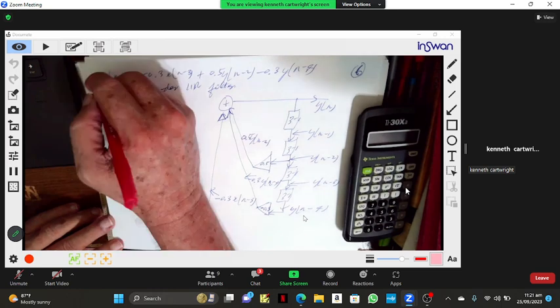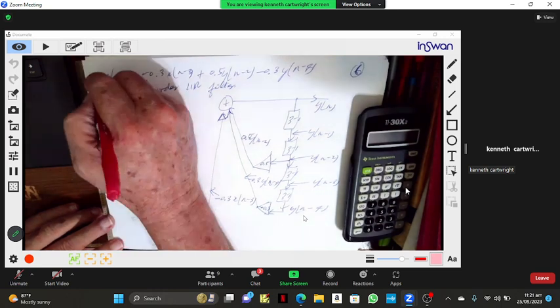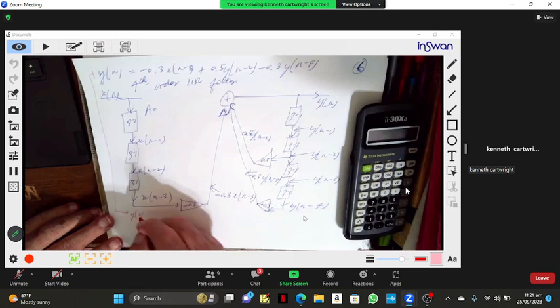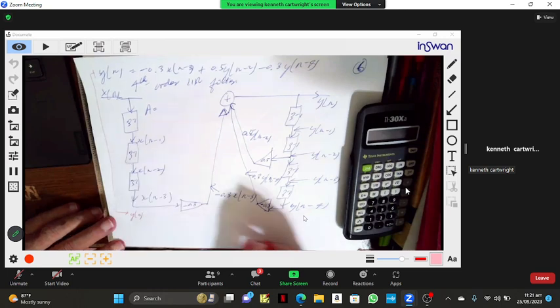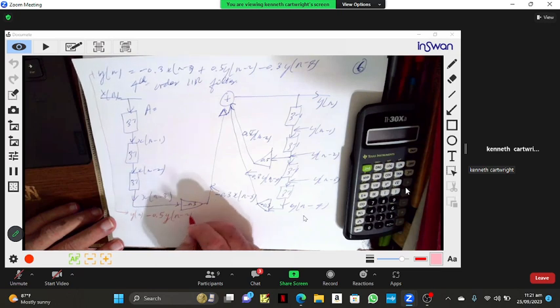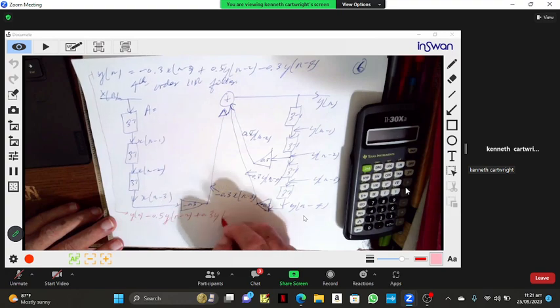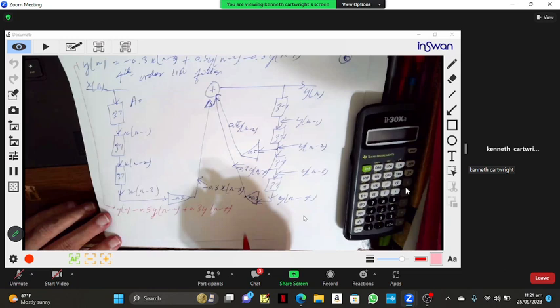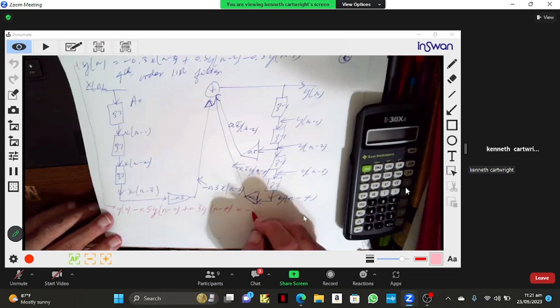The first step is rewrite the equation, all the y's on the left-hand side and all the x's on the right-hand side.